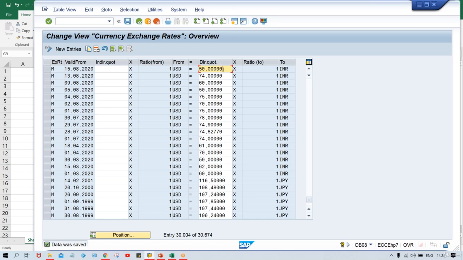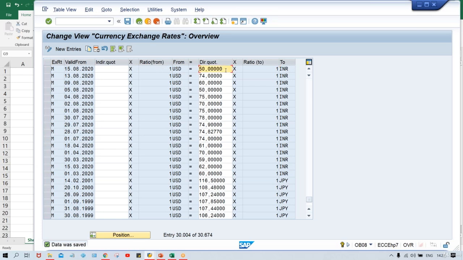So what does direct quotation show, guys? As per direct quotation, one unit of foreign currency shows the total number of units of your local currency, right? One unit of foreign currency equals 50 units of your local currency. This is the rate, so it is going to be specified in this way under direct quotation.